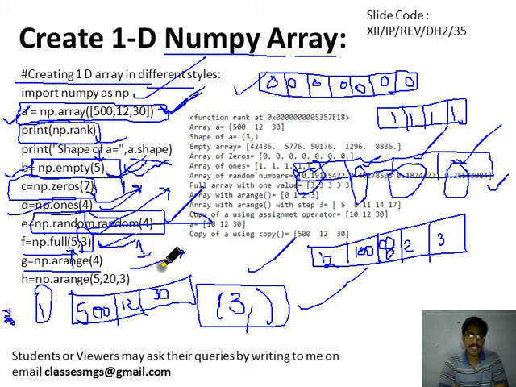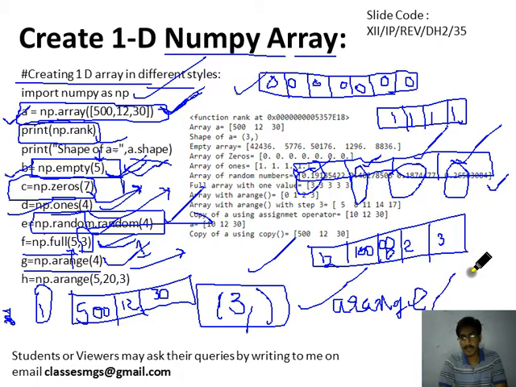Now we will see another method to create a one-dimensional numpy array using the range method. Like the range method, you have seen or learned it in your class 11.